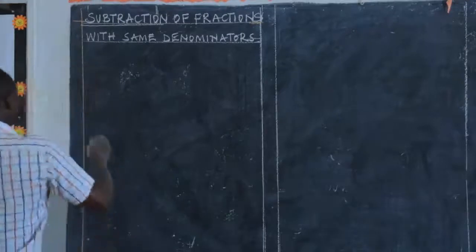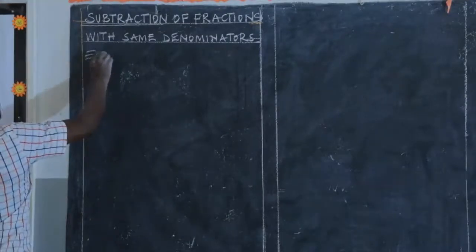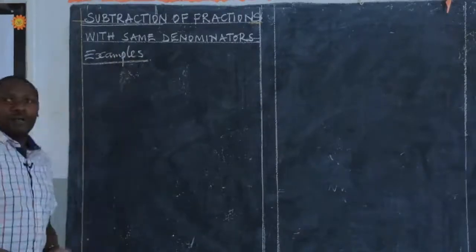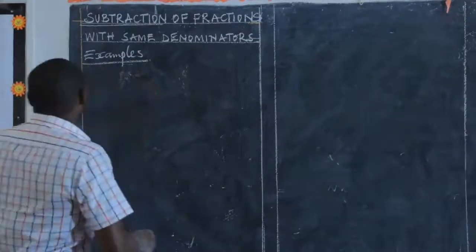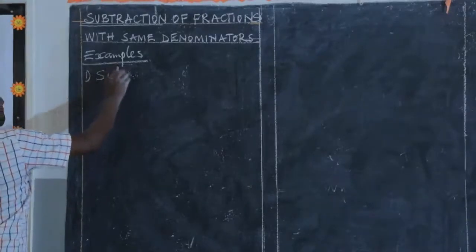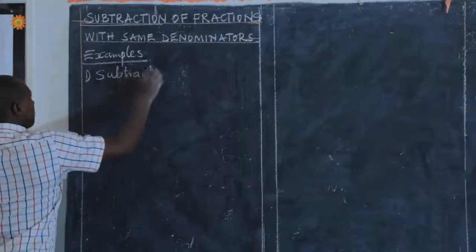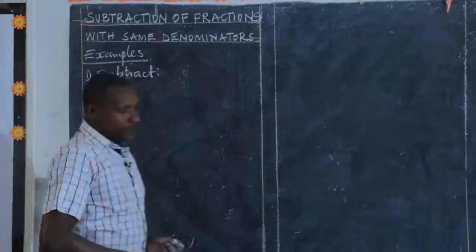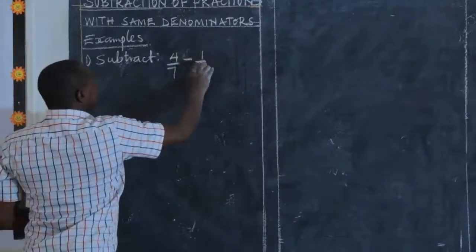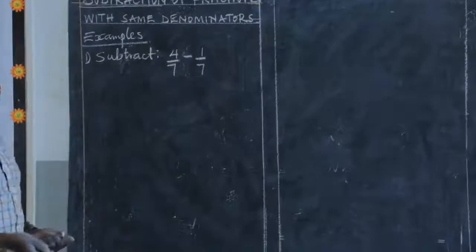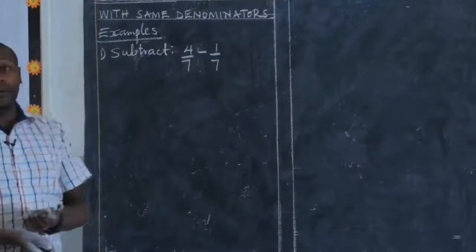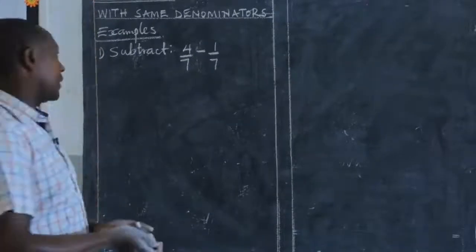Now, same thing. If we are to have some few examples, still we shall, if maybe the first one is saying subtract. We have 4/7 minus a 7th. Likewise here, we keep the common denominator and we shall deal with the numerators in terms of subtraction, okay?